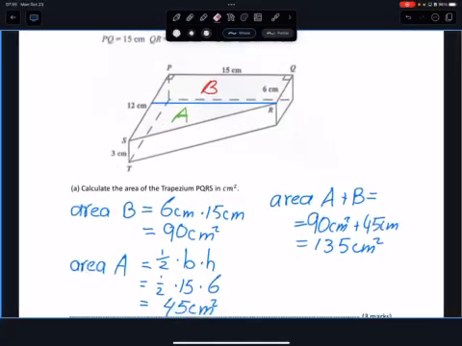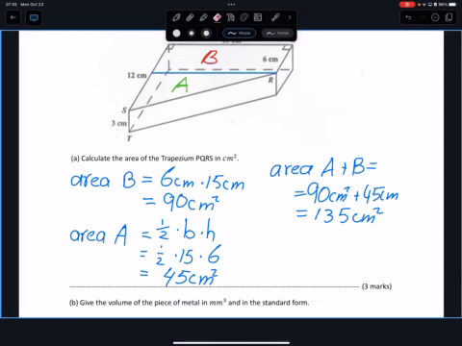That is the area of the trapezium formula. What is the area of the trapezium formula? A half multiplied by, oh sorry, A plus B multiplied by the height. That's the area of the trapezium. If you did that, you got to the same answer in 1 minute.